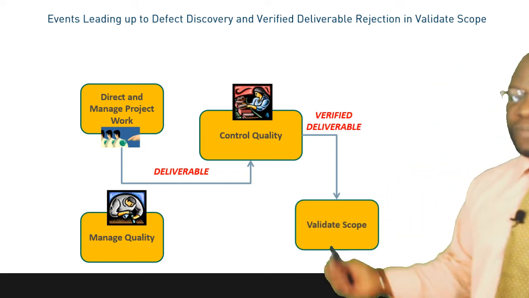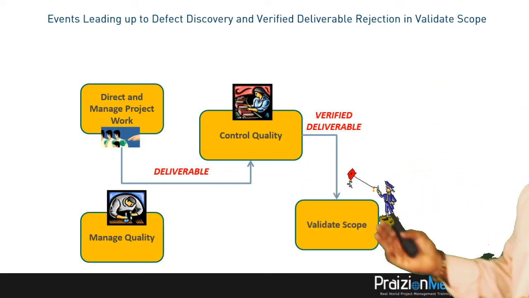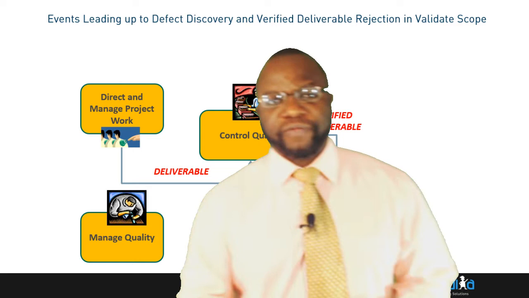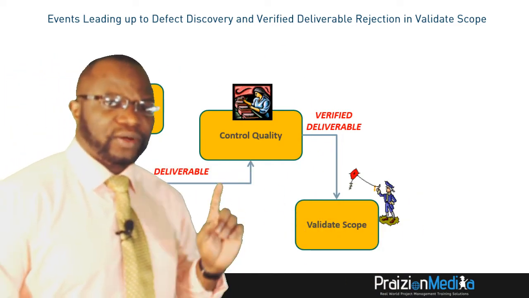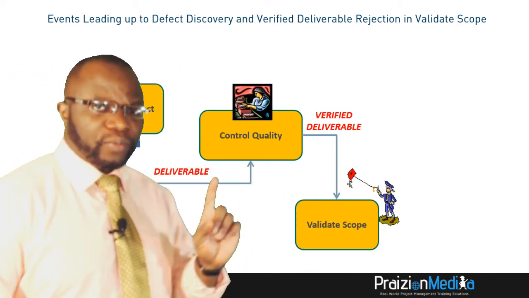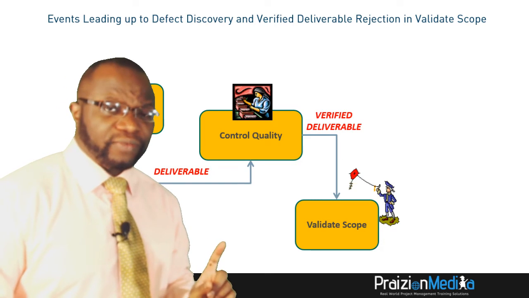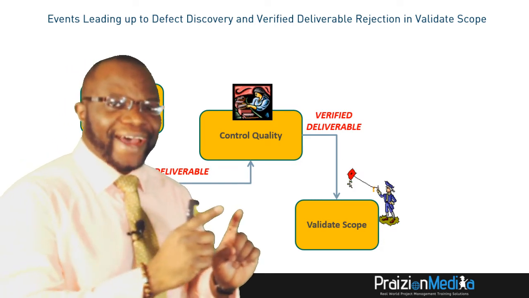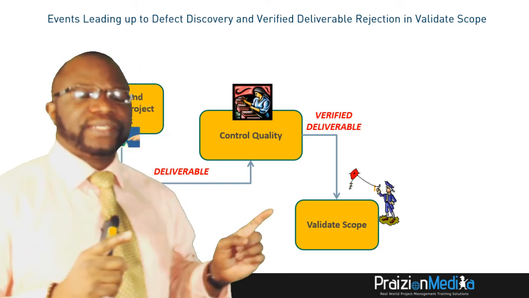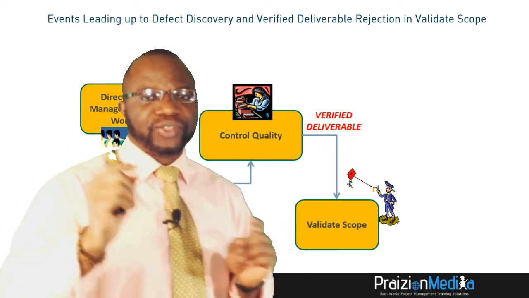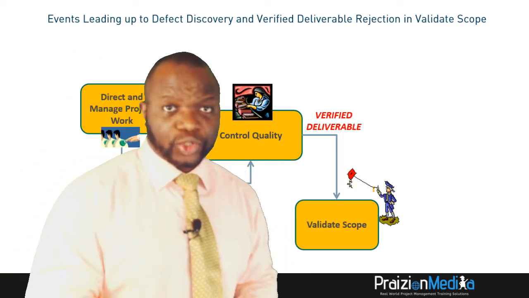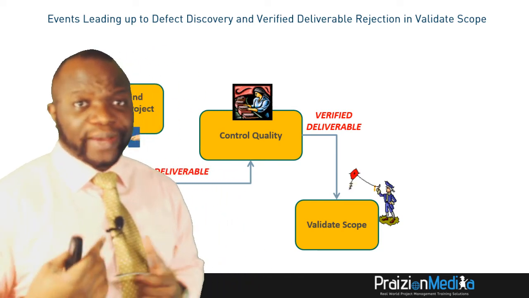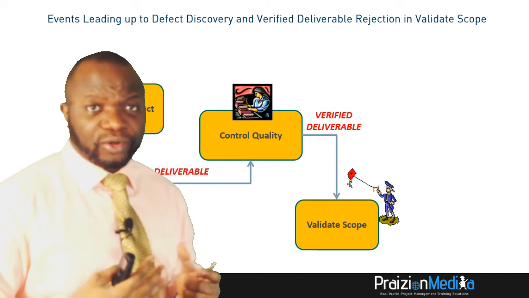In validate scope, this is where the customer will check the deliverable. Now we can see the deliverable in this case, it's a kite. But the question is, will the customer approve that verified deliverable? In other words, will they accept it? Will they say, great job, it is ready for you to transfer to us, to me, to my team, to the end users?